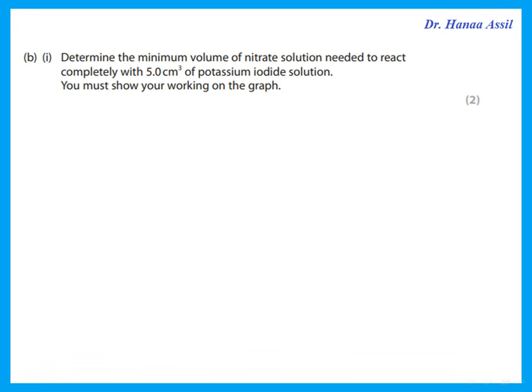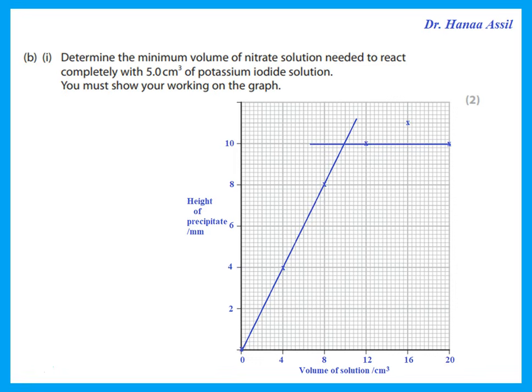Determine the minimum volume of nitrate solution needed to react completely with 5 centimeter cubed. You must show your working on the graph. So from this graph, we had in the test tube 5 centimeter cubed of potassium iodide. What was the volume of nitrate that we needed to make the maximum height of precipitate?